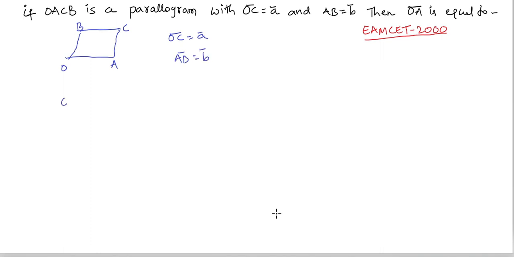Now from the figure, OC bar is equal to OA bar plus AC bar. So OC bar value is given, that is a bar is equal to OA bar plus AC bar. This is the first equation.